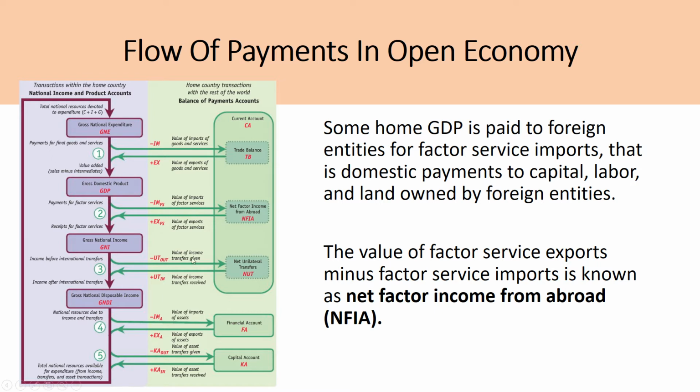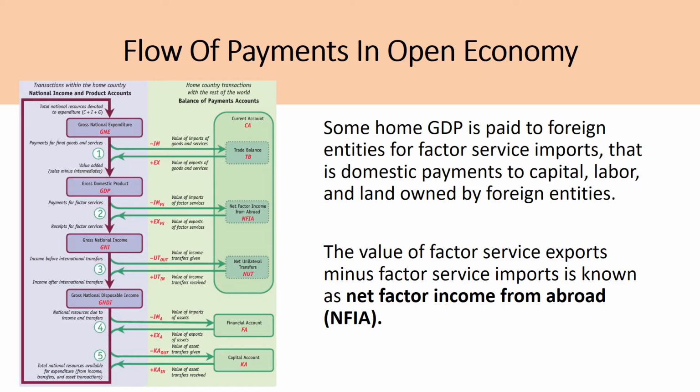So when we talk about the value of export of factor services and the value of import of factor services, if we have that plant out there, we're exporting that capital to that country to produce a respective good in that country, and the amount that we receive is that net factor income from abroad. Say, for example, foreign countries might have a factory in our country. The net income from that factory does not stay in this country.